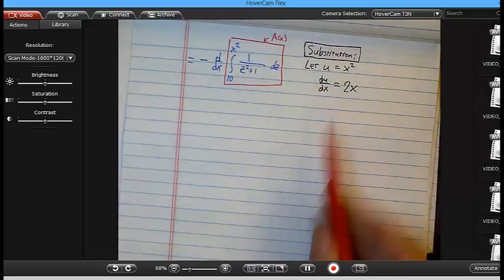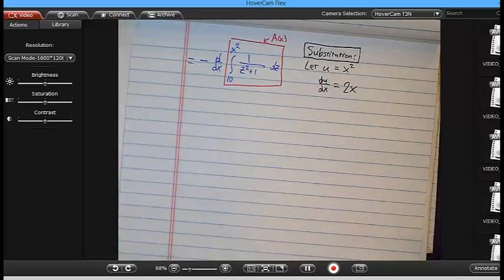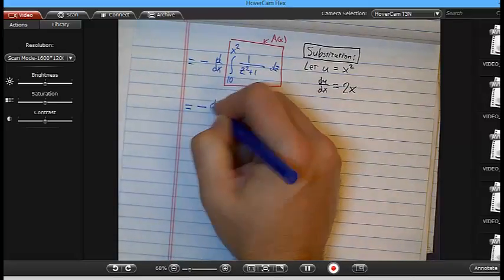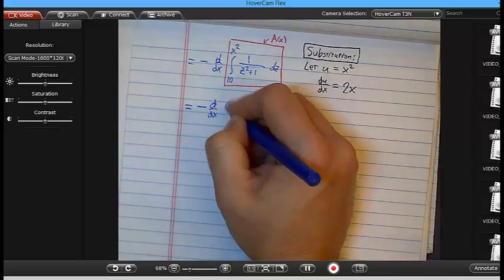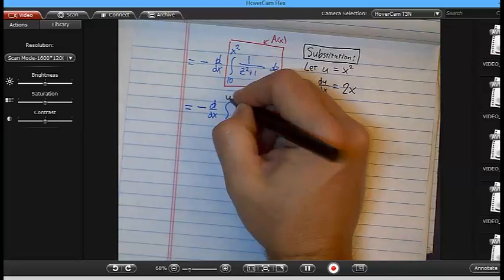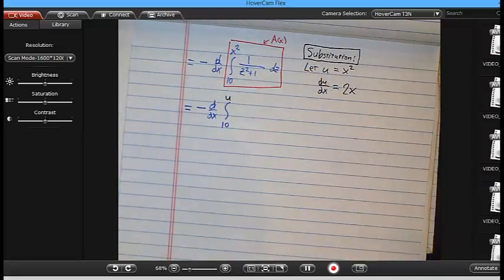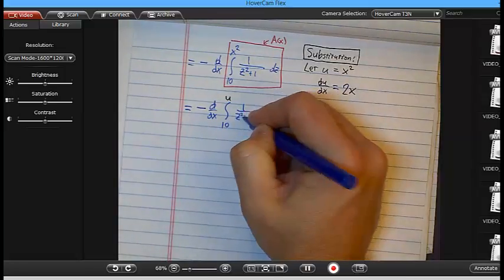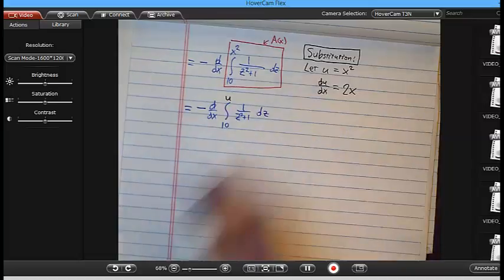But if I do this substitution, now the problem says, let's find the negative derivative of the integral from 10 to u of 1 over z squared plus 1 dz. Okay?